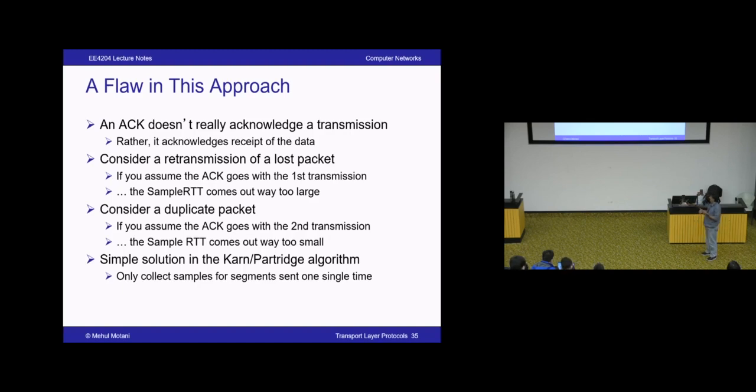But if you have a duplicate packet and you tie it to the second transmission, your RTT is too small. So one solution is to only compute RTT from packets sent once. That's a version of something called the Karn-Partridge algorithm. So this is still the smooth average, but you only use packets sent once.